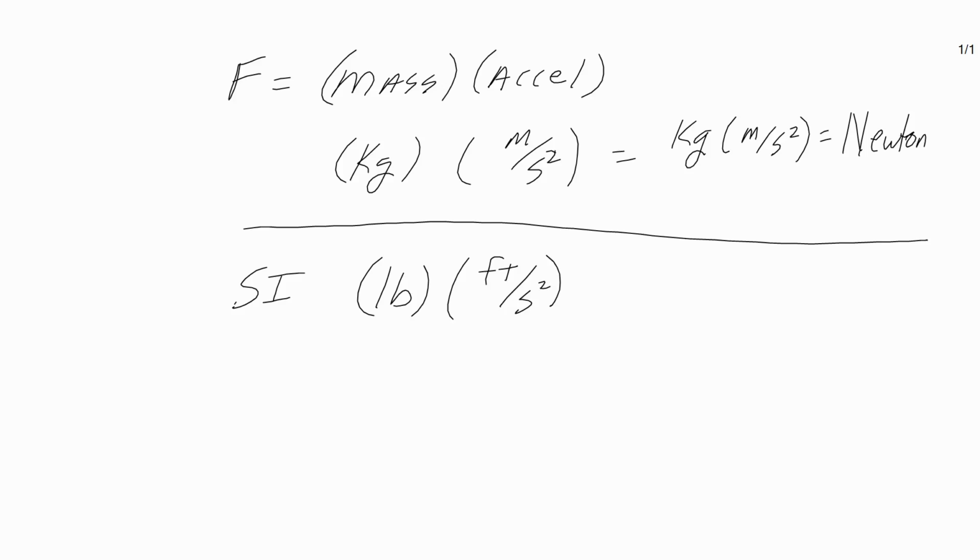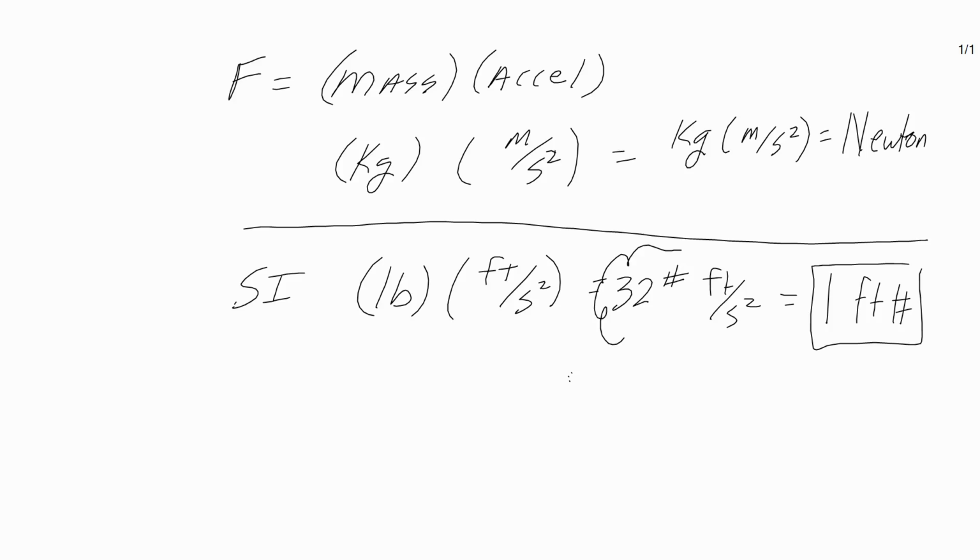But in that, feet per second squared is 32 feet per second squared, which when you do the math in the conversion, it comes out to be 1 what? Foot-pound. Okay? Now, this is incorporated into the conversion with the SI units.